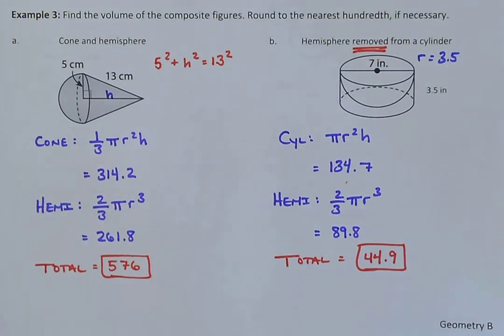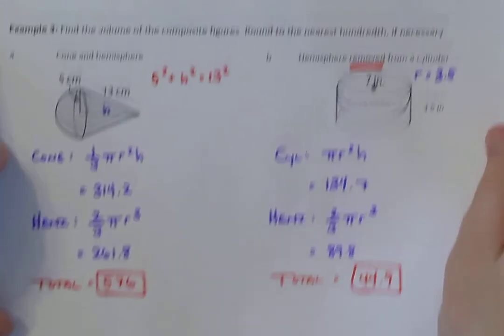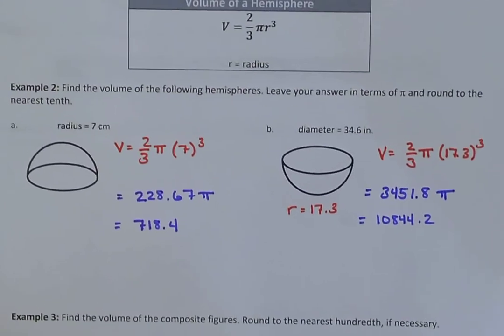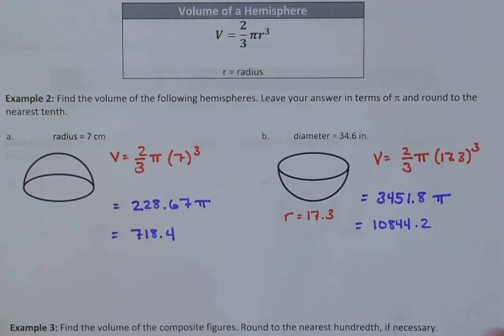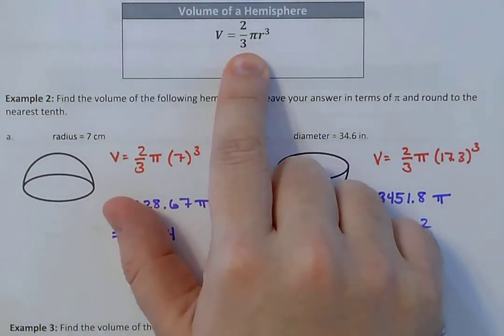So, with that said, that is it for our notes today on section 18.4, dealing with the volume of spheres and hemispheres. Remember, when you go through and find the volume of a hemisphere, you want to use 2/3 pi r cubed.